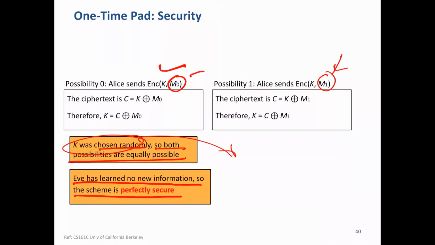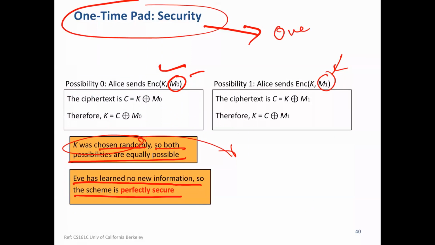Now, some question may come to your mind, right? Why is it one time? What is so good about one time? We are using the key only once, right? What happens if we use it 2 times? Does it reveal any info?